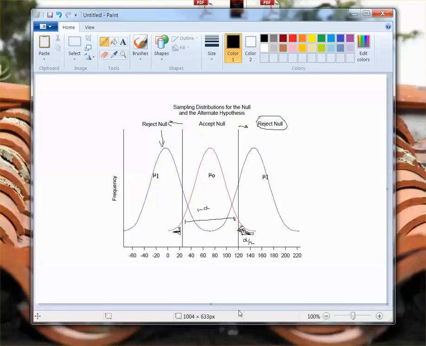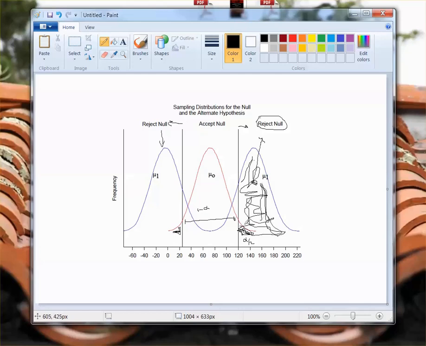But now we have our overlapping distributions. Remember I said that beta and alpha were related, but they belong to different distributions? Well, here's the scenario. Let's suppose for a moment that the test statistic is out here, right? So test statistic is here, and it does belong to a different population, right? And so what we're talking about is this entire area that falls to the right of the line, right, and belongs to this blue distribution, right?